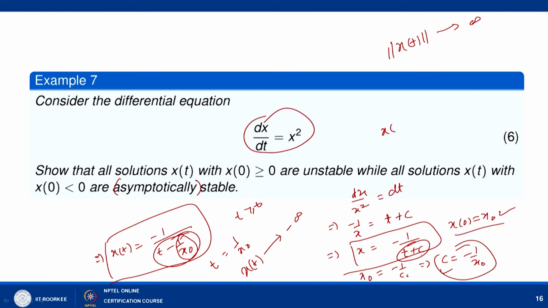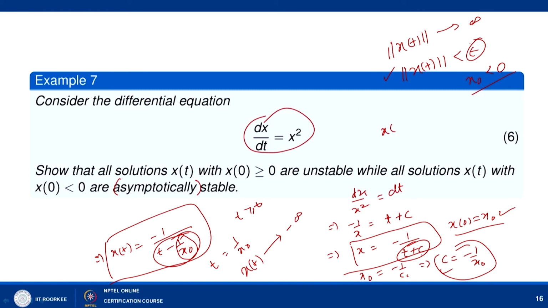So, it means that I can make the norm of x t less than epsilon, for arbitrary epsilon, by choosing large values of t. So, when x naught is less than 0, for given epsilon I can choose a large value of t such that the norm of x t is less than epsilon, right. So, the solution is tending to 0 for large values of t, as t tends to infinity the solution will tend to 0.